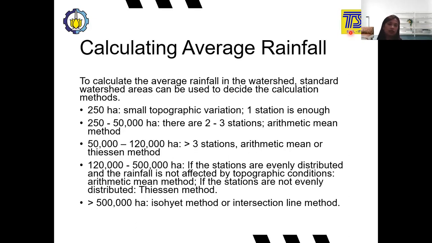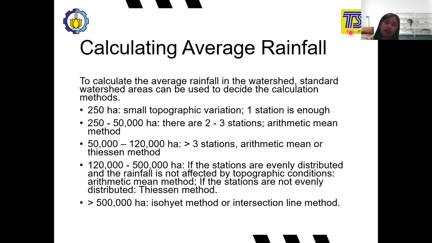So you don't have to look for another station far away from your watershed area. If your watershed area is less than 250 hectares and has small topographic variation, you can use rainfall data from only one station. So it can be said that the data from this station represents the watershed correctly.